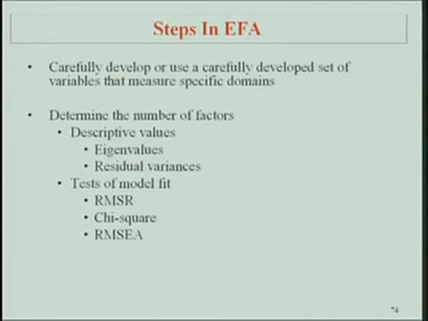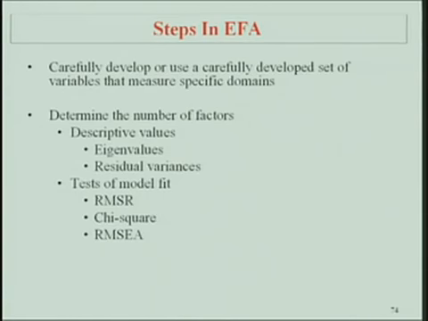You need to know your items. You need to know what they're supposed to measure. So you need to develop them to measure like 5 domains or whatever. Let's say you develop 50 items, 10 each measuring 5 different domains. And you believe that each one of them measures only one of those domains, or if it measures more than one, you know the other one that it measures.